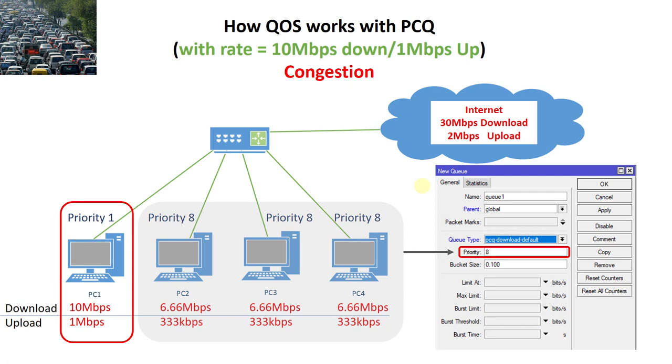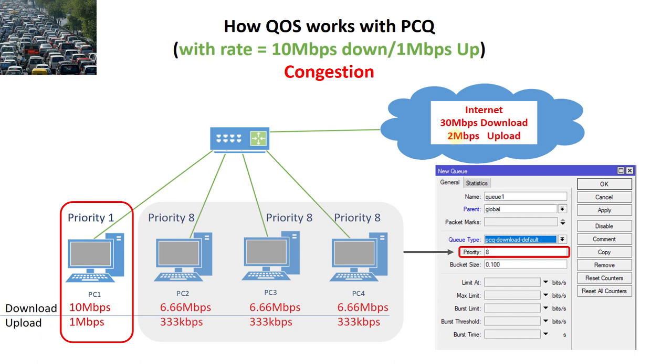So say for instance your network is congested, so a lot of traffic is flowing through, a lot of persons are browsing, streaming and so forth. With a rate limit that is set to 10 megabits down and 1 up, and for this scenario what I did was I used a lower download speed and a lower upload speed just to make the figures a bit more realistic.